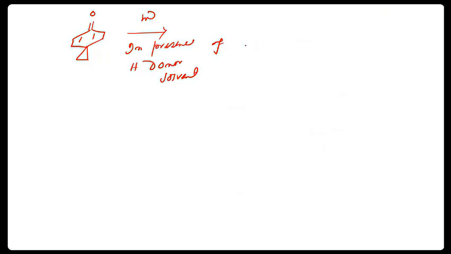Then we know, as this is in the presence of H donor solvent, our first step is the breaking of the C-O bond in a homolytic way. Then in the second step we will have this kind of delocalization, CO dot.